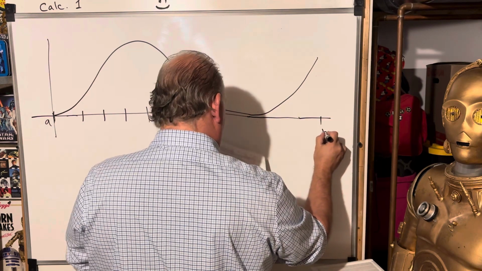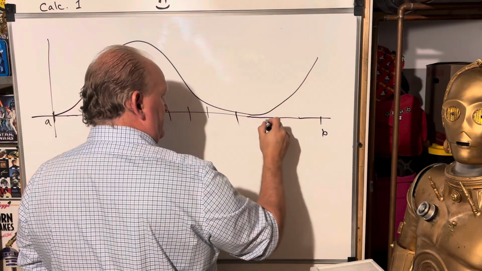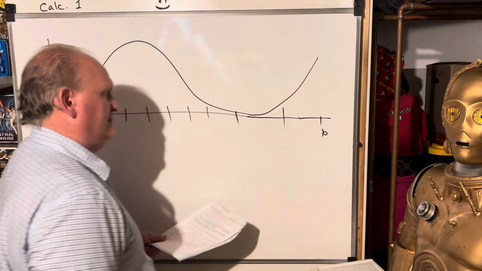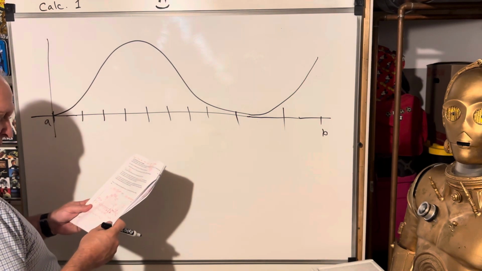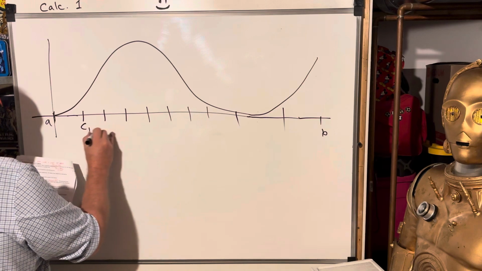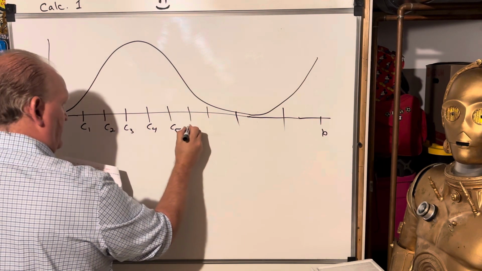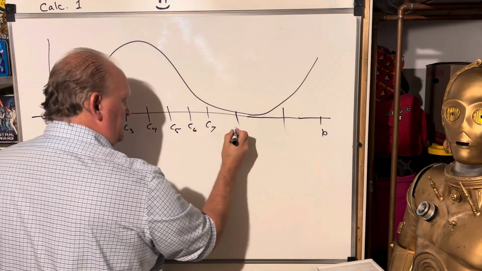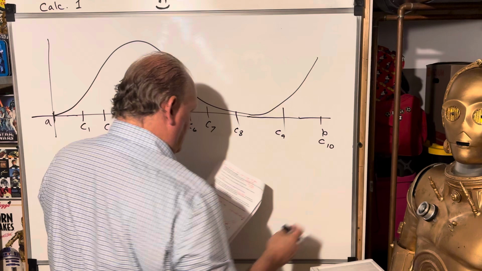Thank goodness there's more after this. 8, 9. So you gotta use your imagination a little there. But that should be 10 marks, right? C1, C2, C3, C4, C5, C6, C7, C8, C9, C10.